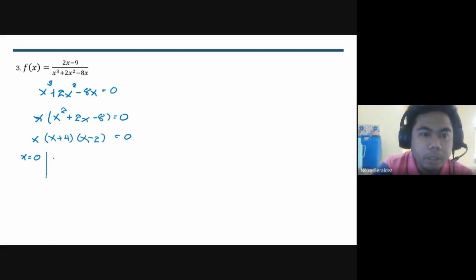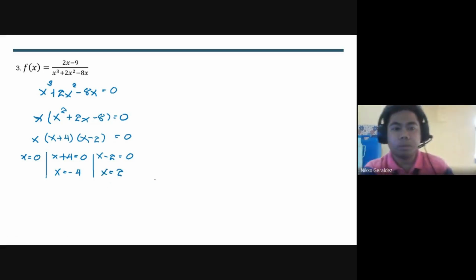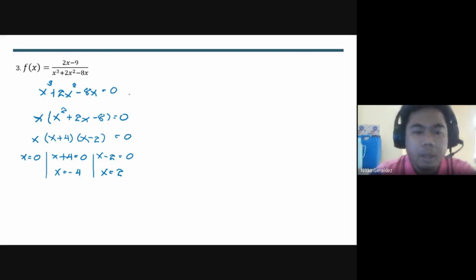Then we have x plus 4 equal to 0. Then solve for x, so x equal to negative 4. And last, so x minus 2 equal to 0, or x equal to positive 2. No? So, meron kang 3 values for x.